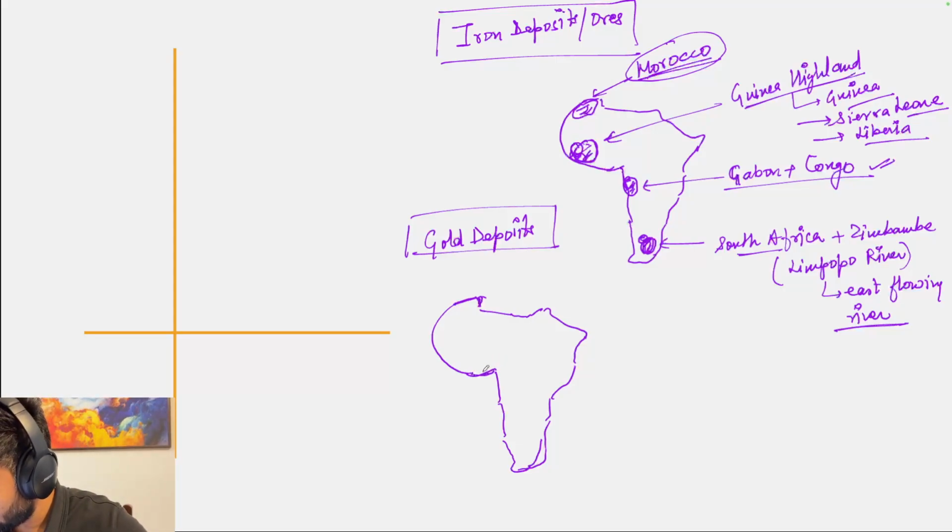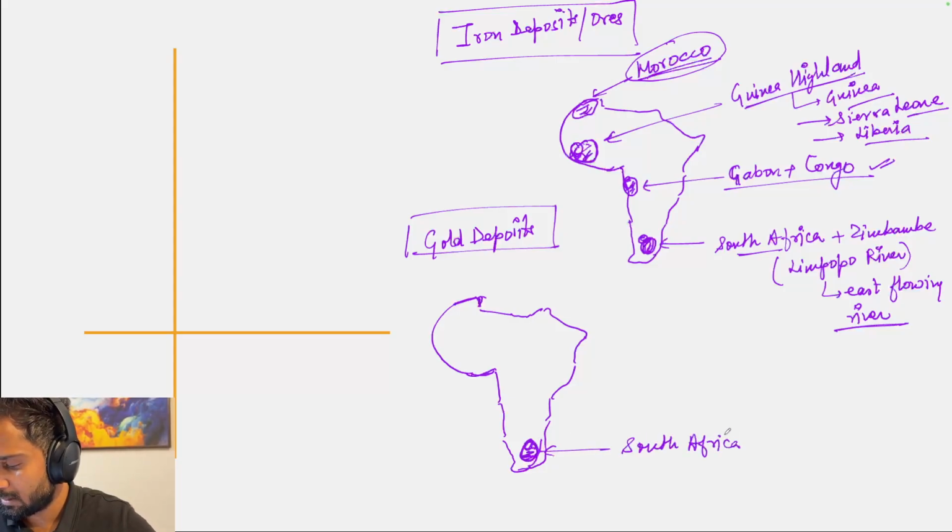When it comes to gold deposits, the most famous region is this one again, South Africa. South Africa is among the leading producers of gold in the world. It is not the leading, it is among the leading. The leading producer of gold is China. But South Africa is among the leading producers of gold in the world.